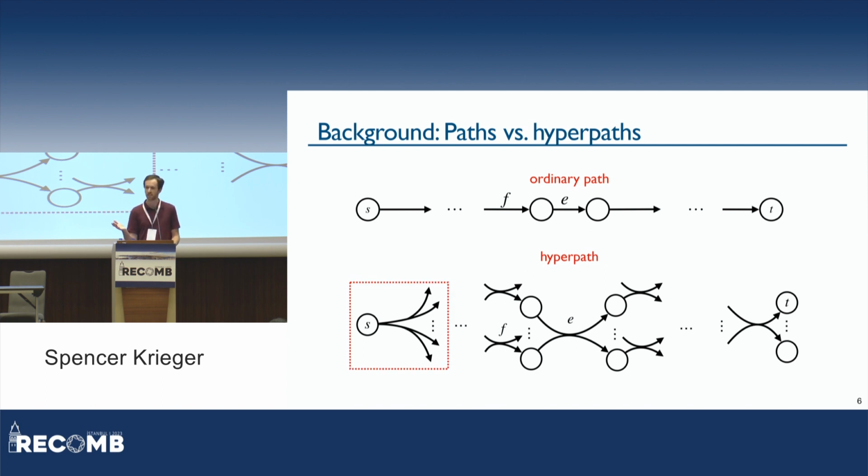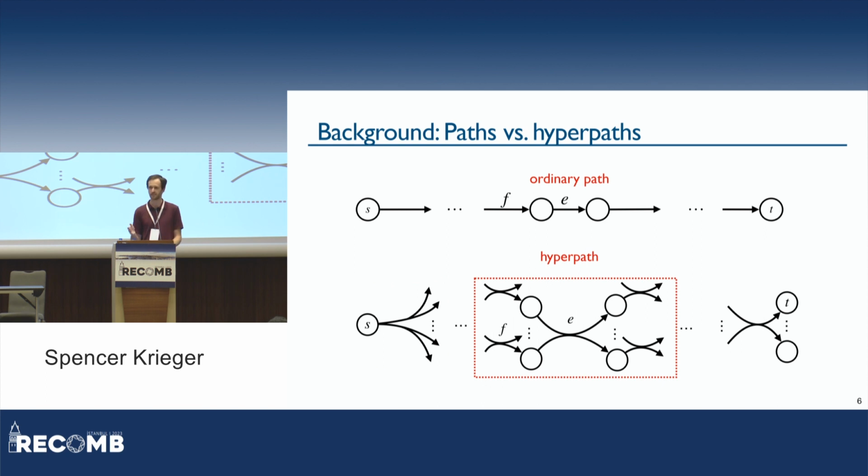For any intermediate hyperedge, its tail vertices all need to be covered by previous hyperedges in your hyperpath. And finally, the sink vertex, or target, is in the head of the final hyperedge in the hyperpath. This is an informal definition.